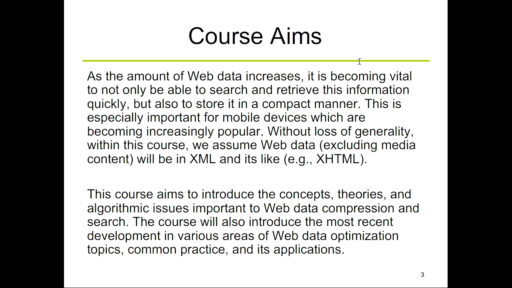But essentially, the course is going to introduce you to the concepts, theories, and algorithmic aspects of data compression and web search. So we will introduce you to more or less the recent development in various areas of web data optimization topics, common practice, and some applications.